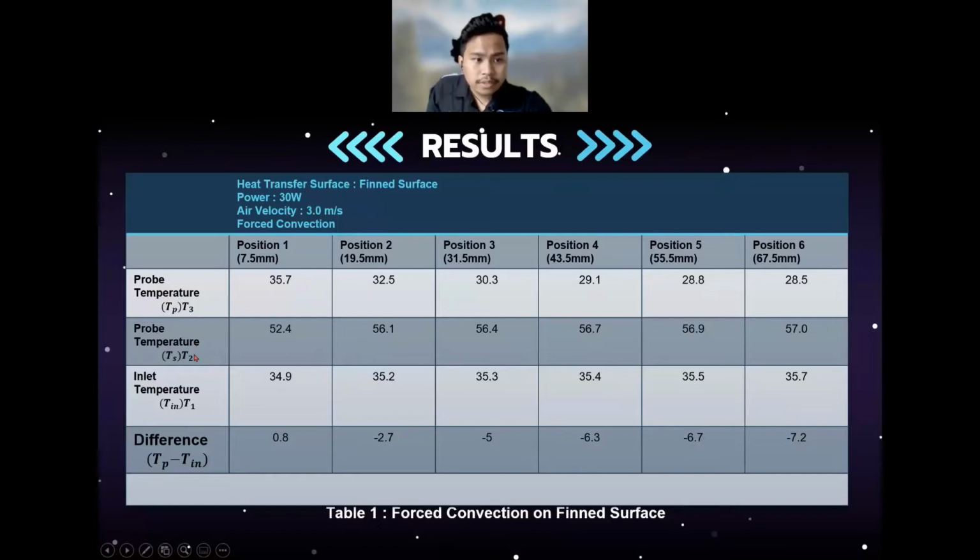Probe temperature T2, the highest is 57.0 at position 6. And next is inlet temperature T1, the highest is 35.7 at position 6 too. And for the difference temperature, TP minus Tin, the highest is 0.8.